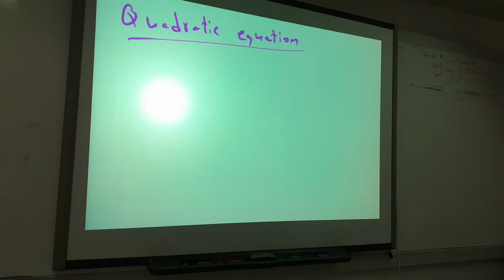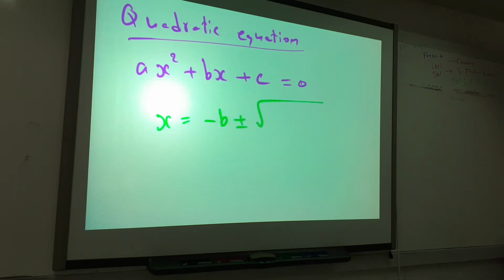Quad actually means 4, but when we talk about quadratic it means 2, meaning ax squared plus bx plus c equals 0. To find the answer you say x equals minus b plus minus root of b squared minus 4ac, the whole thing divided by 2a.